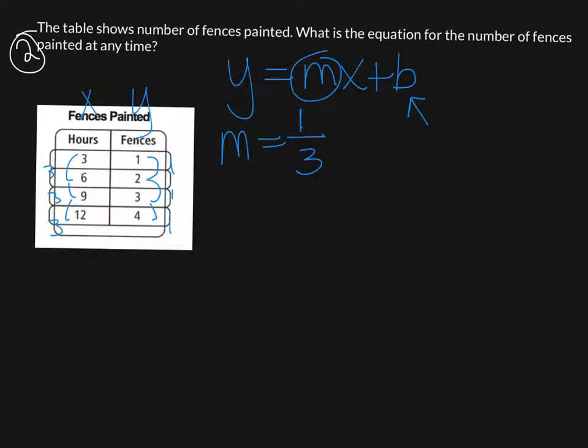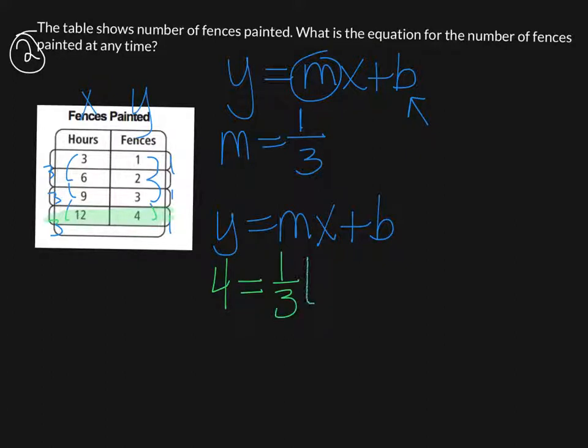In order to find b, I'm going to use my formula again and plug in what I know. I'm going to pick a point, so let's pick this one. My y here is 4 equals, my slope is 1/3, my x is 12, and I'm looking for my b.